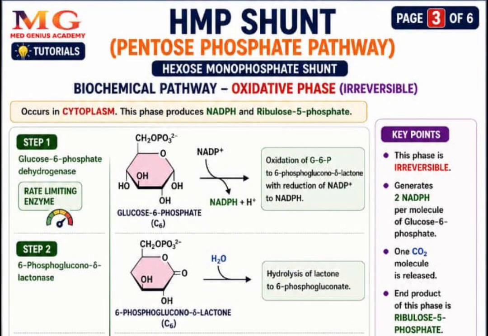You are looking at it on your screen. It's so important. Now, first of all, let us start with step 1. Glucose is phosphorylated at carbon 6 to produce glucose 6-phosphate.